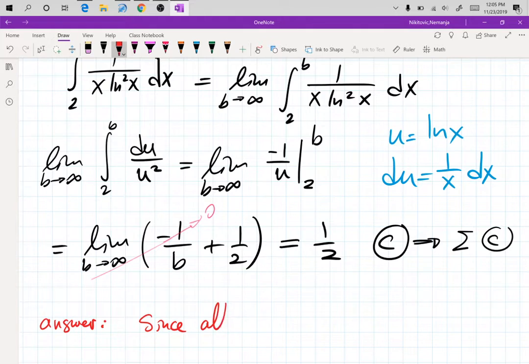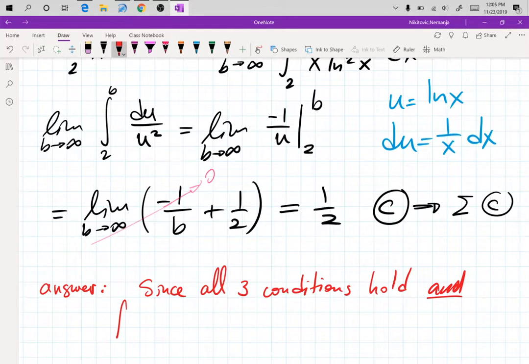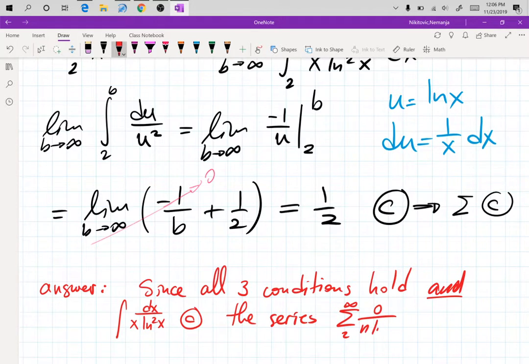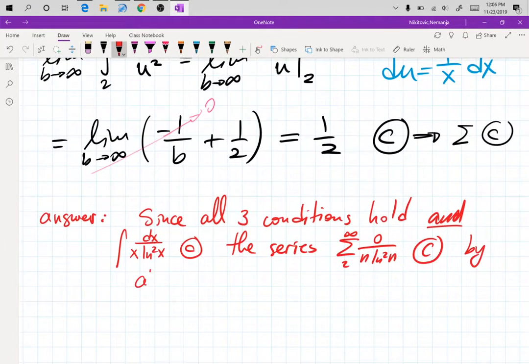Since all three conditions hold, and the integral of 1 over x ln squared x converges, the series, the summation from 2 to infinity of 1 over n ln squared n, converges by the alternating series test.